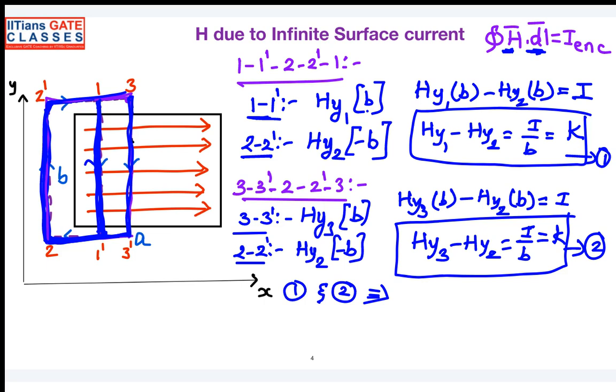So can you comment what is the meaning of that? When you are moving from 1 to 1 prime, are you near to the source or far away from the source?